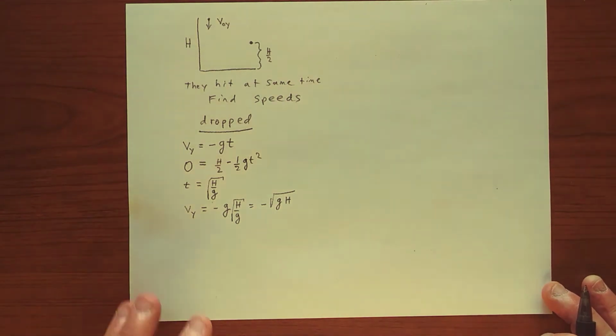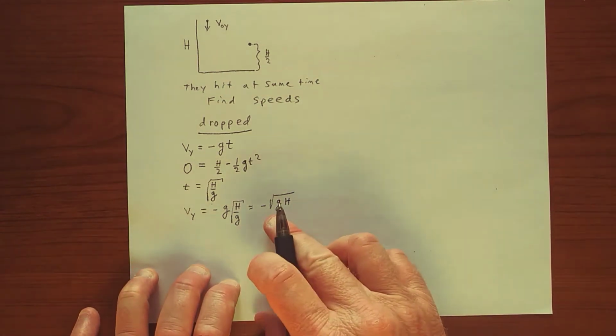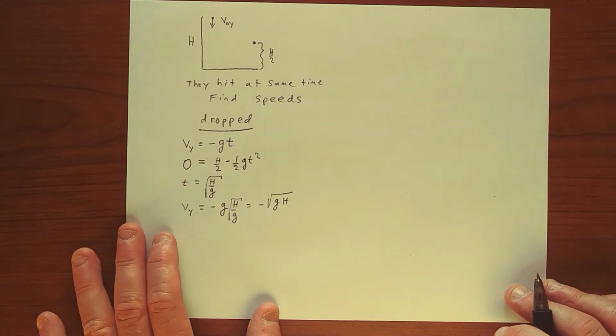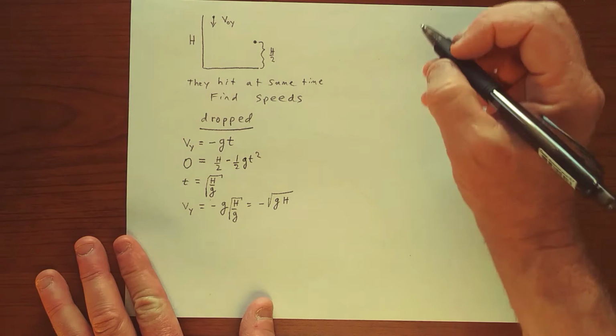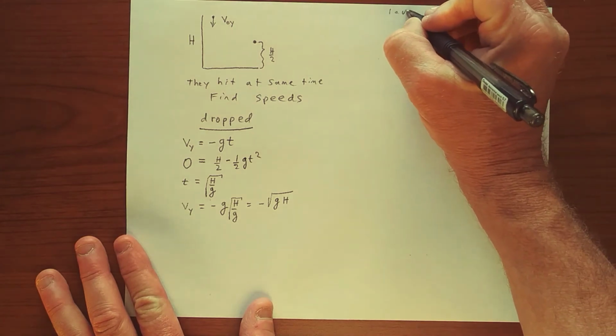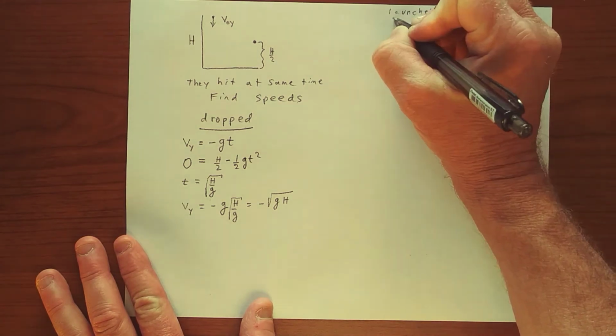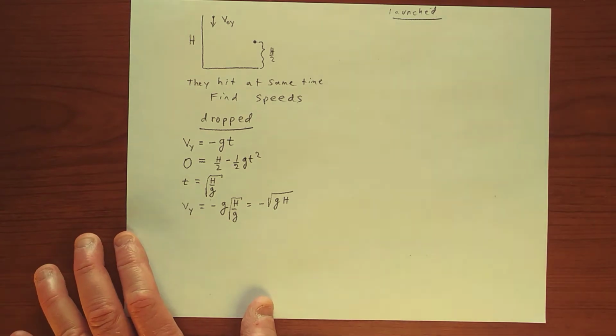And so if we want the speed, it's just the square root of g times h. But that's the vertical component, which obviously is negative.